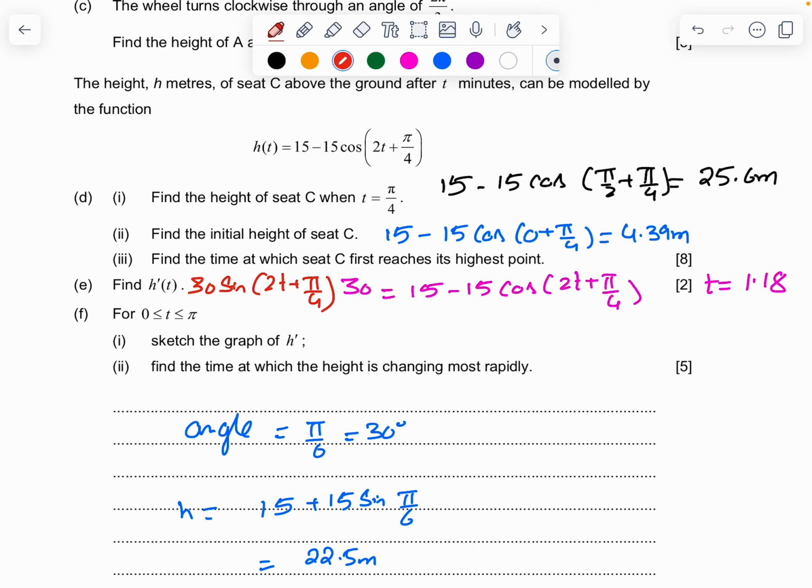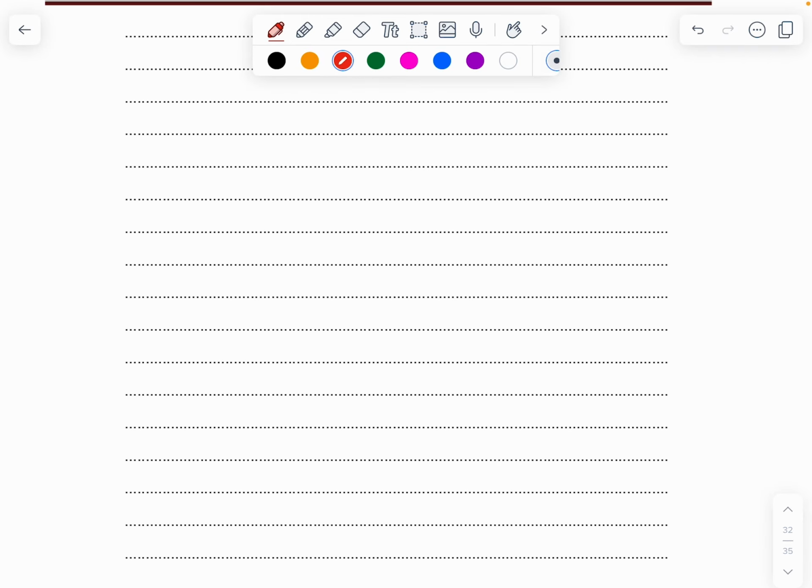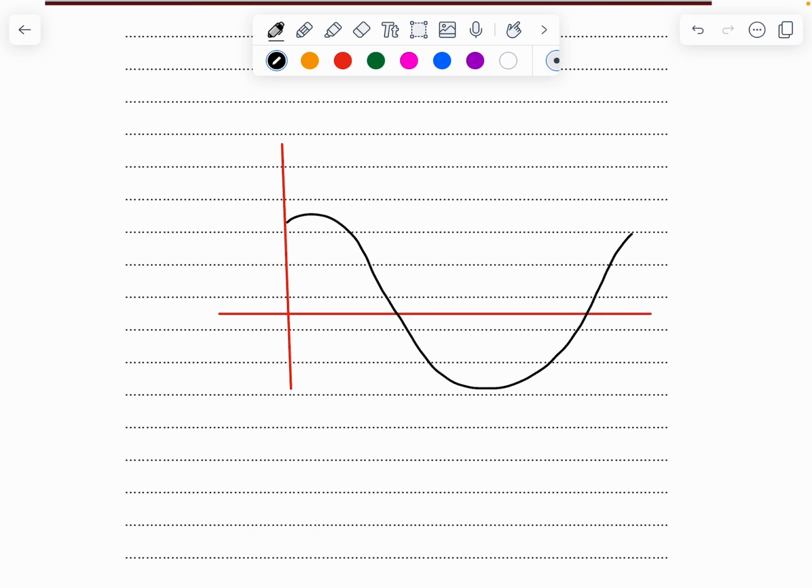Sketch the graph of h prime. Find the time at which height is changing rapidly. The graph of h prime should be somewhere in this way. Pi by 2 and pi, and this is 30.